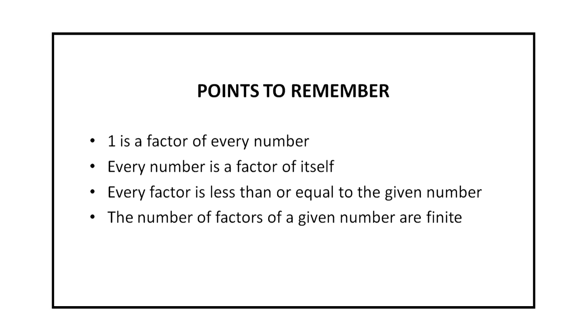Number 2, every number is a factor of itself. 3, every factor is less than or equal to the given number. The final point, the number of factors of a given number is finite. So, these 4 points should be remembered before dealing with the new concept factors and multiples.